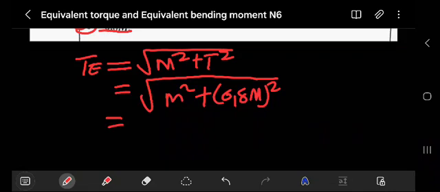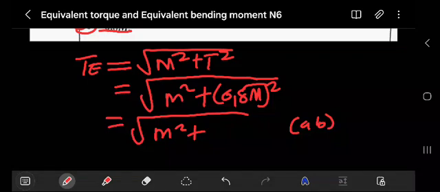Then it's a matter of your mathematics here. We have the square root of M squared plus this. Let me do it like this. You know your math: if you have (ab) squared, you square everything inside, so it will be a squared b squared, so we have 0.8 squared M squared.